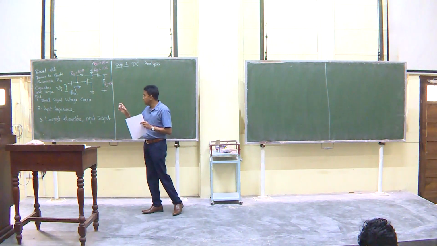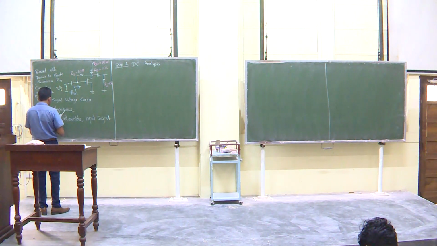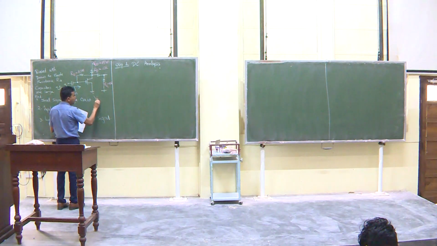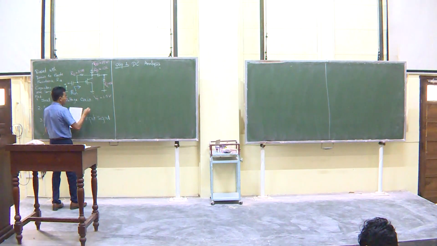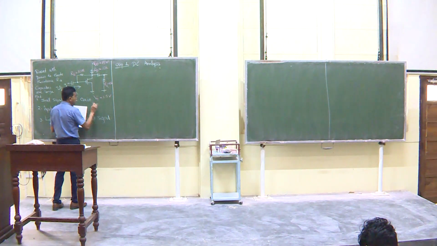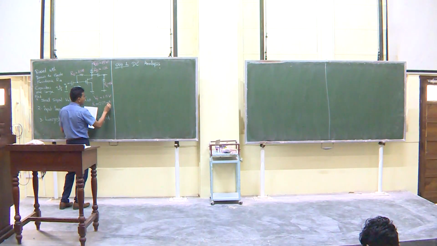Okay, so if we find the values, and here we have some values given. VT, the threshold voltage, is given to be 1.5 volts. K value in the current equation is 0.25 milliamperes per volt squared.